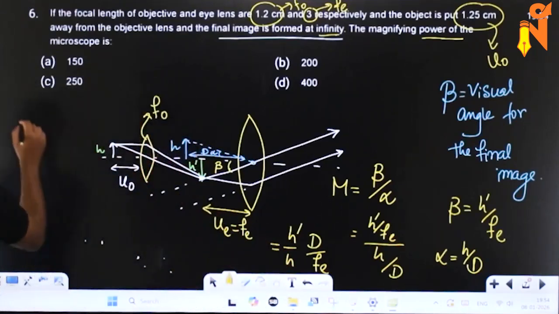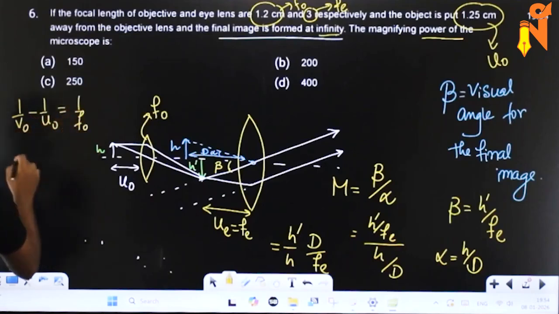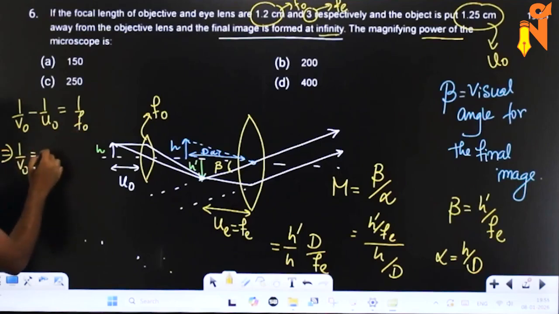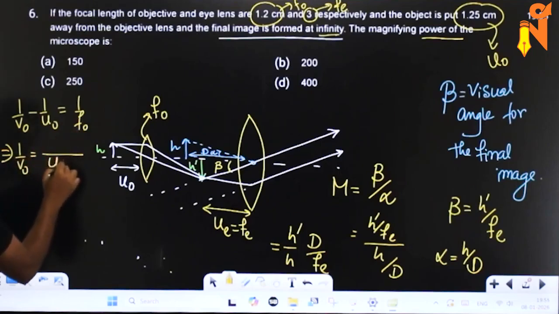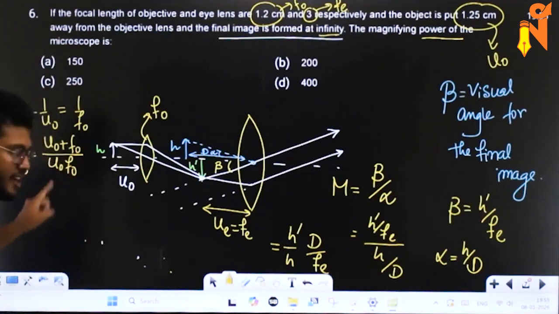And so I can write the formula 1 by v minus 1 by u. So all are for the objective, 1 by fo. Now if I put 1 by vo is equals to, this thing will become uo plus fo. And be very cautious here, I have not put the sign convention.